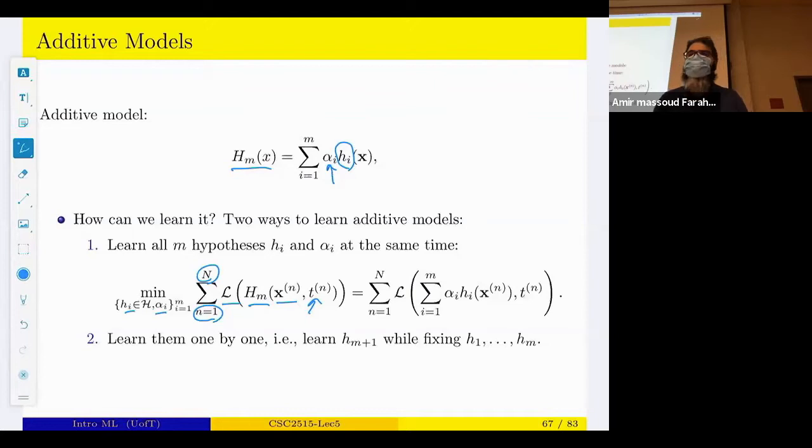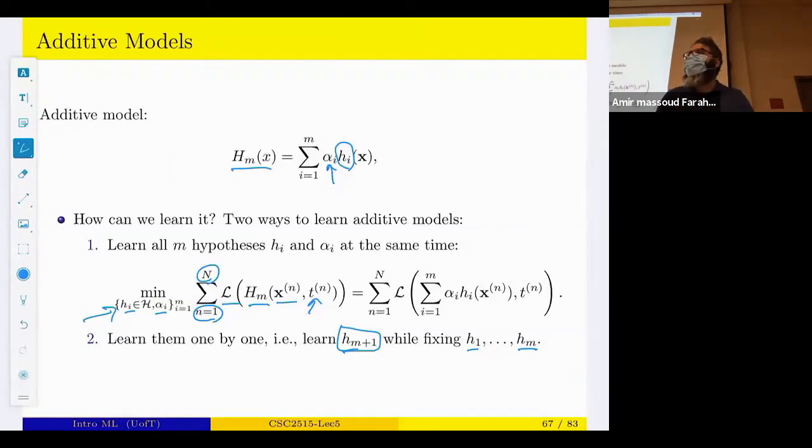So this is one way to learn it. But another way is to learn each of them one by one. If you are at the m-th stage of this training procedure, we consider h_1 to h_m to be fixed, but then learn h_{m+1}. In that case, the corresponding optimization only has h_{m+1} and alpha_{m+1}, and not the previous hypotheses.